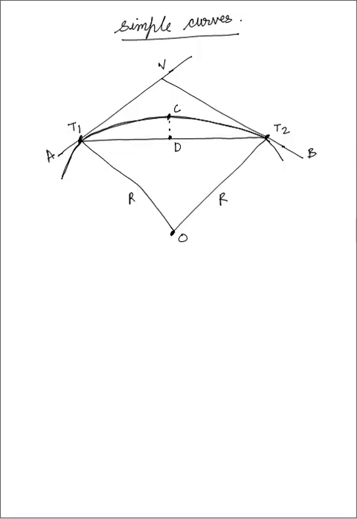Now this angle is theta. Now this distance from T1 to point V is known as our tangent length.